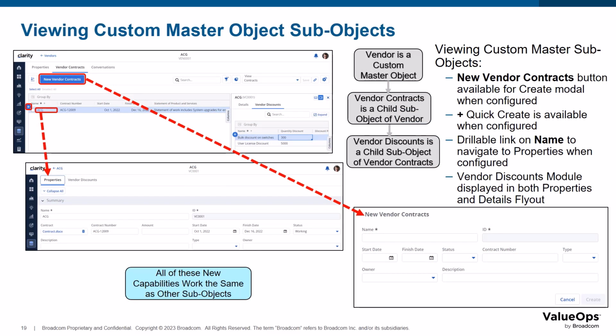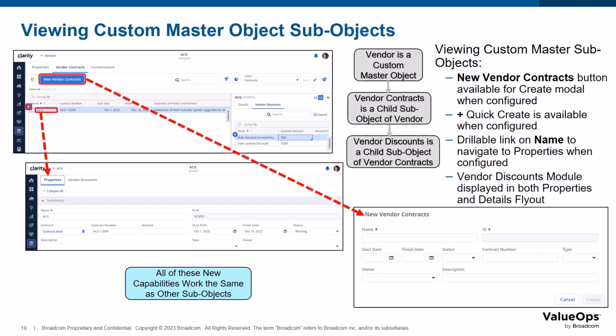In the example that we'll be looking at for custom master object subobjects, vendor is a custom master object and vendor contracts is a child of that master object, and vendor discounts is a grandchild for that master object. And in the blueprint for vendors, I've enabled all of the capabilities for the new vendor contracts.